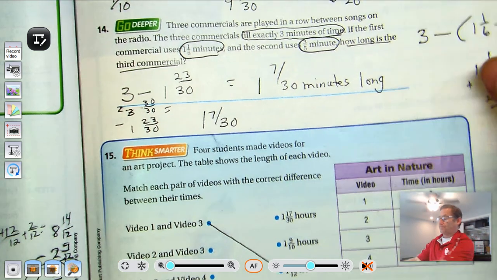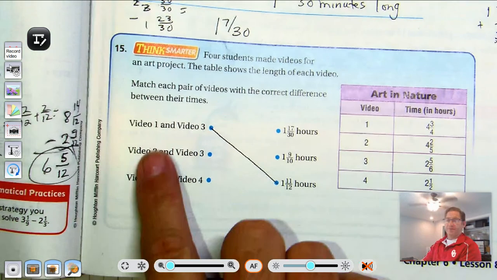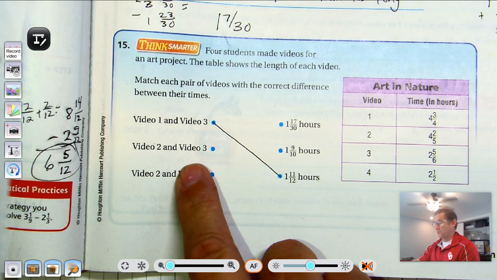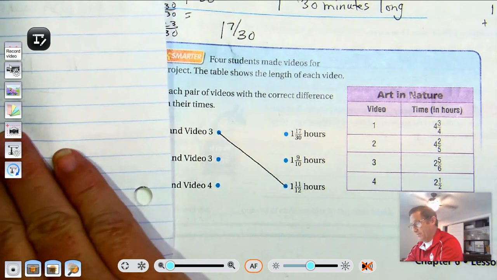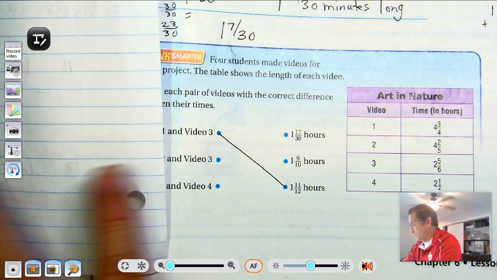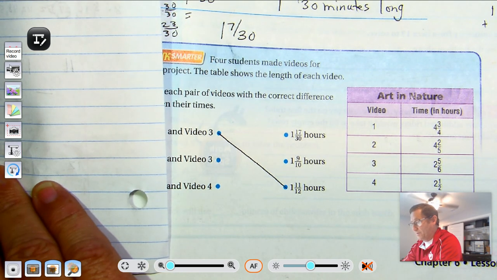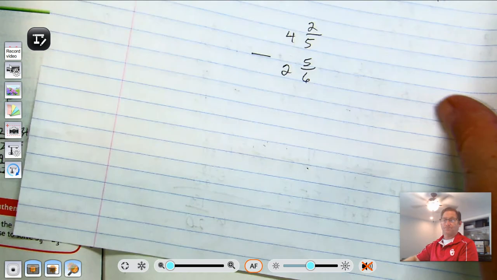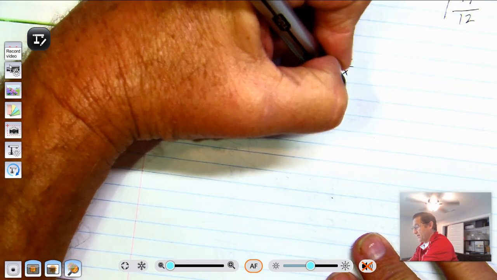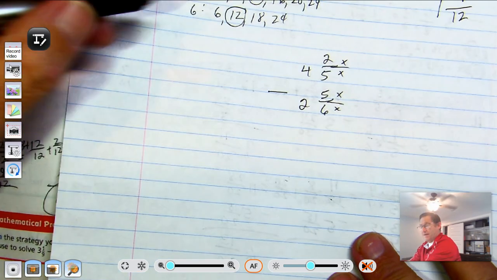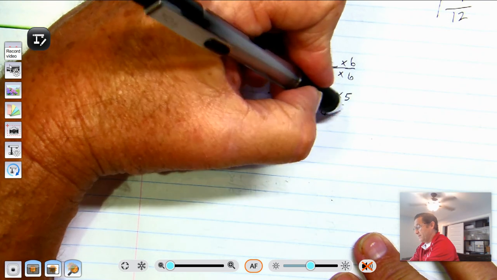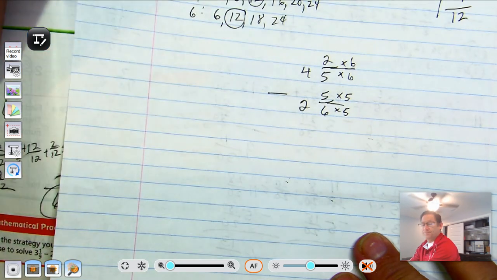So the difference between video 1 and video 3 is 1 and 11/12 hours. Now let's look at videos 2 and 3. Video 2, 4 and 2/5. And we're going to subtract video 3, 2 and 5/6. Okay, let's multiply by the opposite denominators. 2/5 times 6/6, and 5/6 times 5/5.